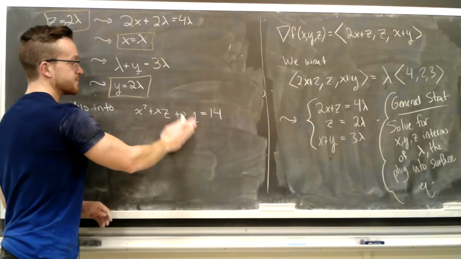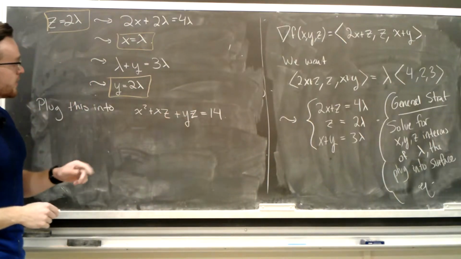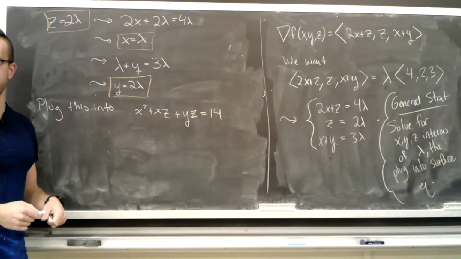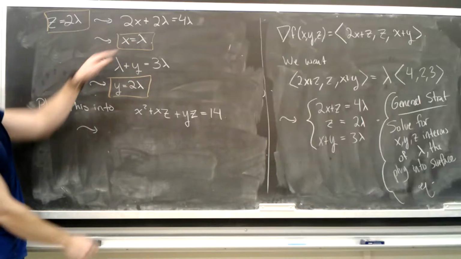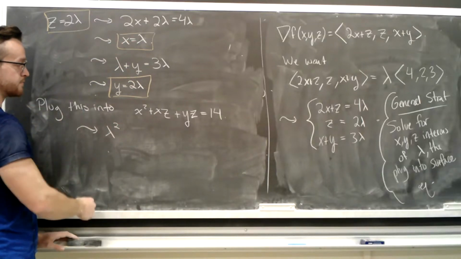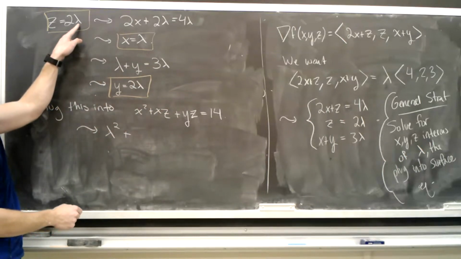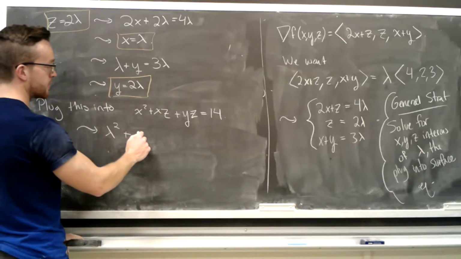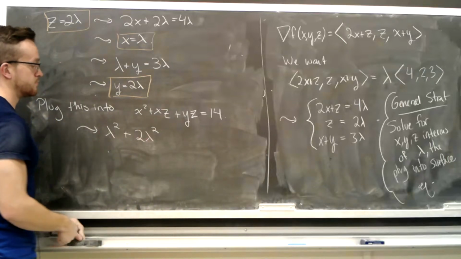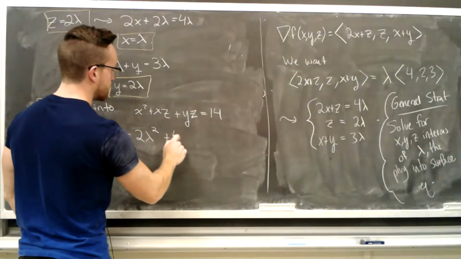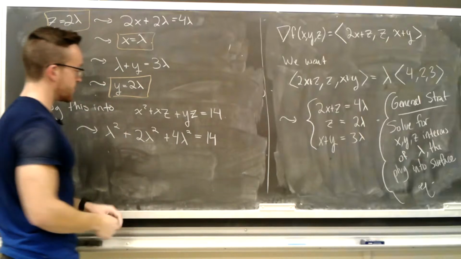All right, so I'll plug in all these orange boxes. This would tell me that x squared is lambda squared, plus x times z is 2 lambda squared. That has to equal 14.